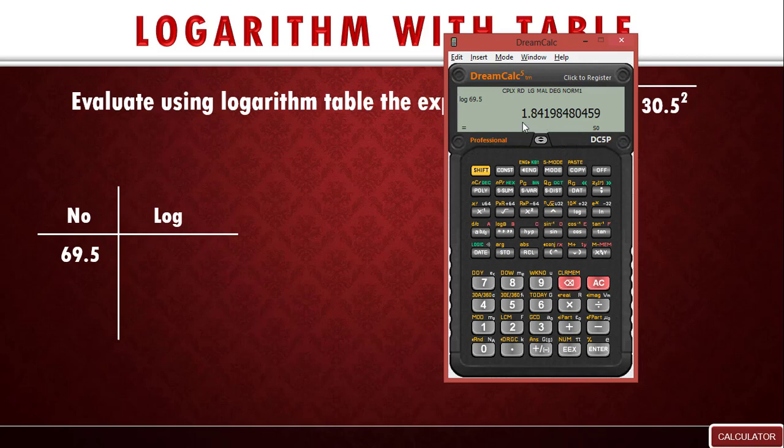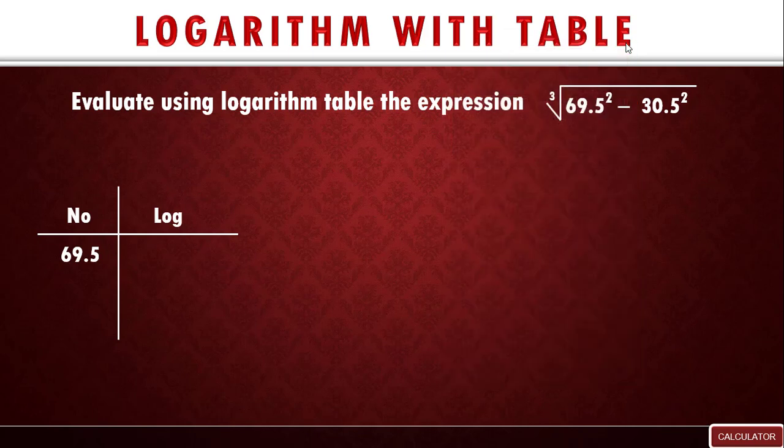So we now have 1.842. Since we said the mantissa should be 4 digits, then we put 0 here. So we have something like this, 1.8420.